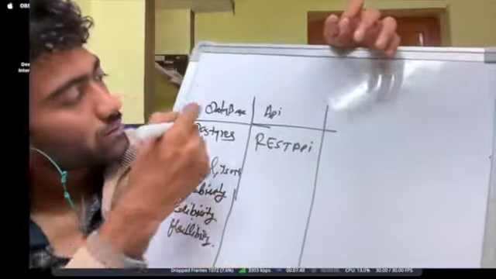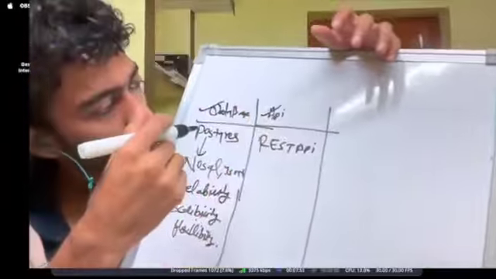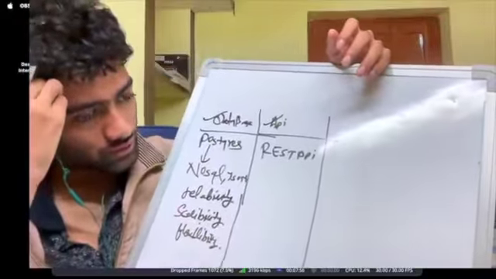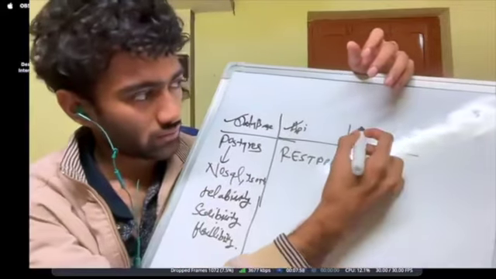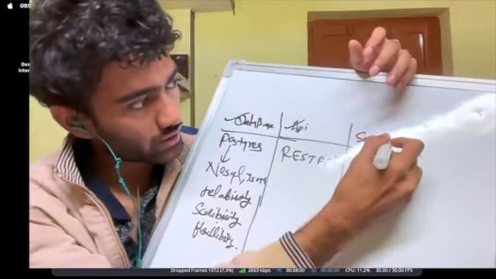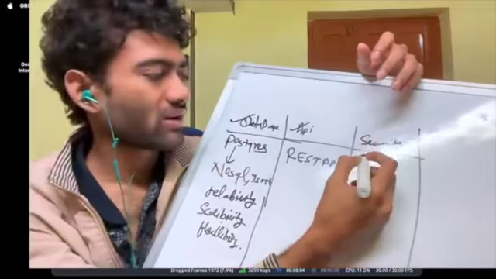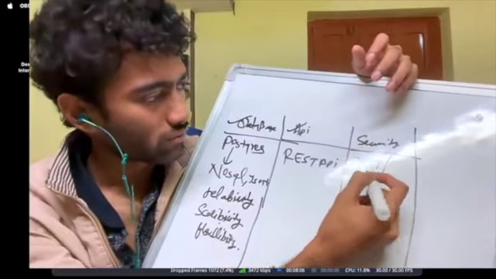The database is authenticated, the API is authenticated, and for security endpoints we're going to have a JWT token or OAuth.